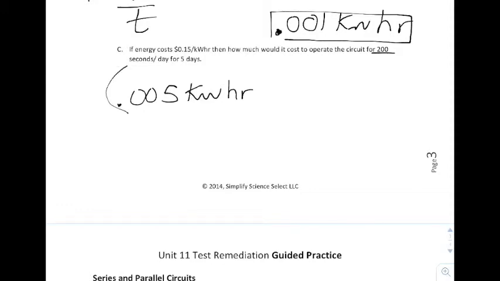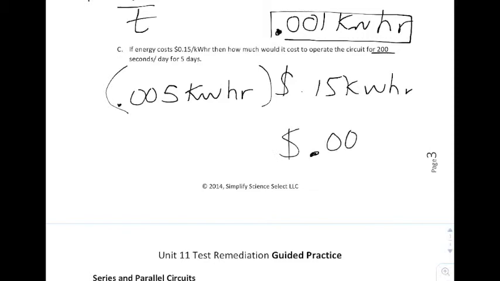Now I have the cost as 15 cents per kilowatt hour, and when you do this correctly, you should get something along the lines of 0.00075. In other words, it costs less than 1 cent.